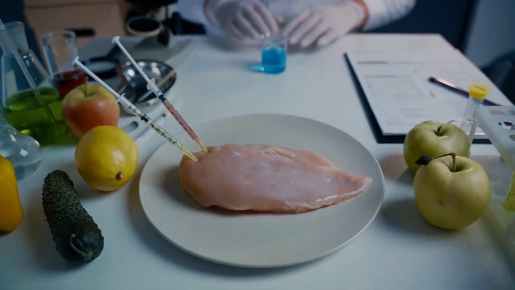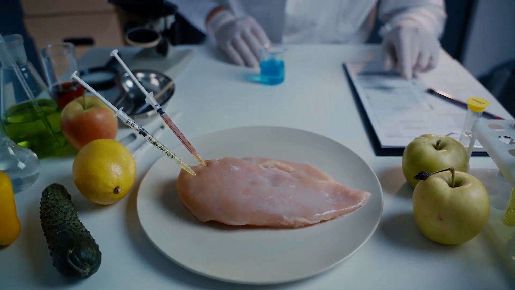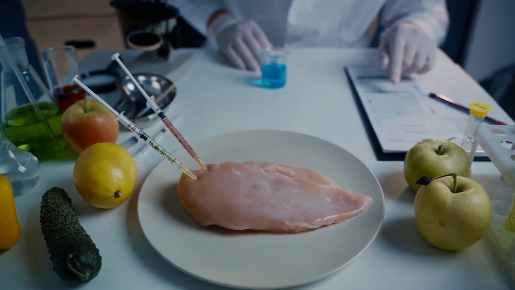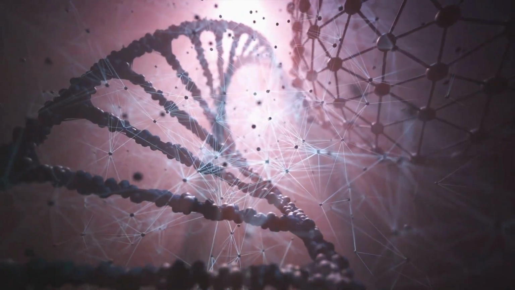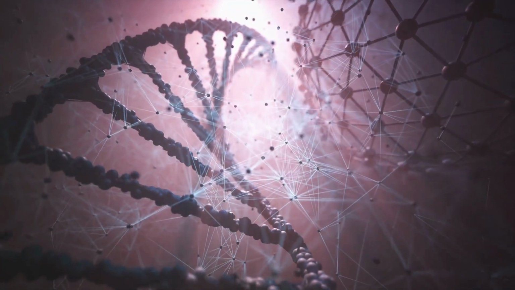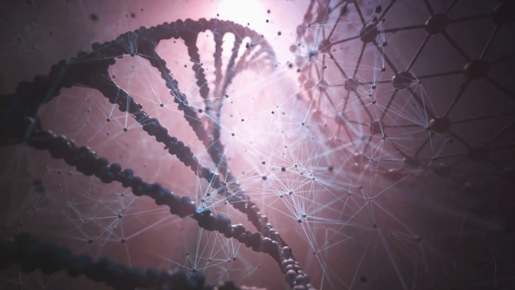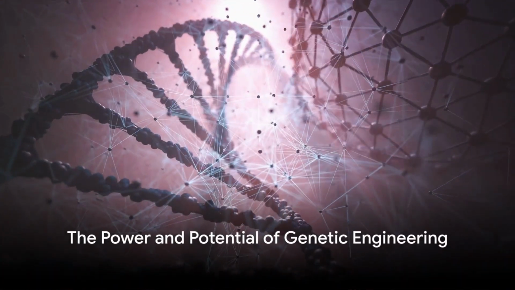But remember, while a carpenter's toolbox can create beautiful works of art, a genetic toolbox has the potential to do much more. It can create crops that are resistant to pests, animals that produce more milk, or even humans that are immune to certain diseases. In essence, genetic engineering is like us playing with our toolbox, only this toolbox has the power to change life itself. Now, what can we do with this powerful toolbox?